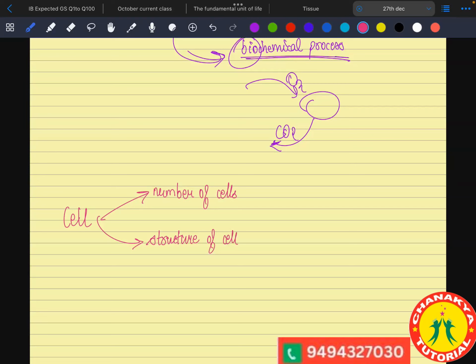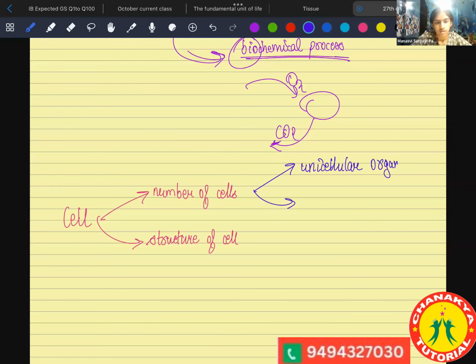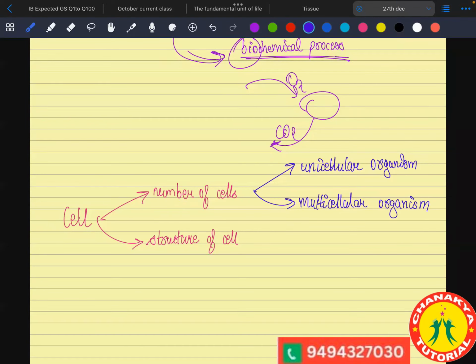In terms of the number of cells, there are unicellular organisms. There are multicellular organisms. So how is that a type of cell? I will tell you. In terms of number of cells, an organism can be defined based on its number.